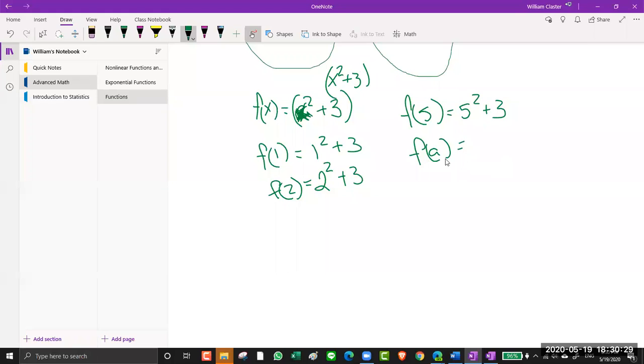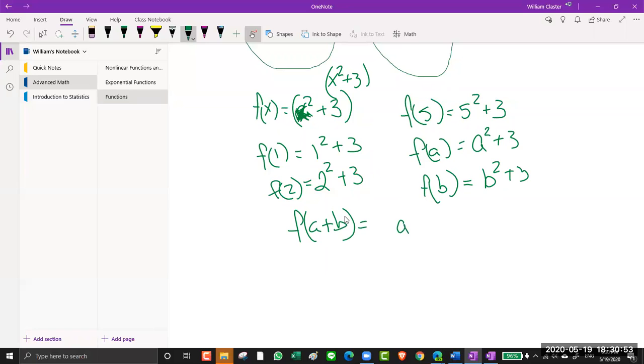Okay, what is f of a? a squared plus 3. Okay, what is f of b? b squared plus 3. Right. And then what is f of a plus b? a plus b squared plus 3.